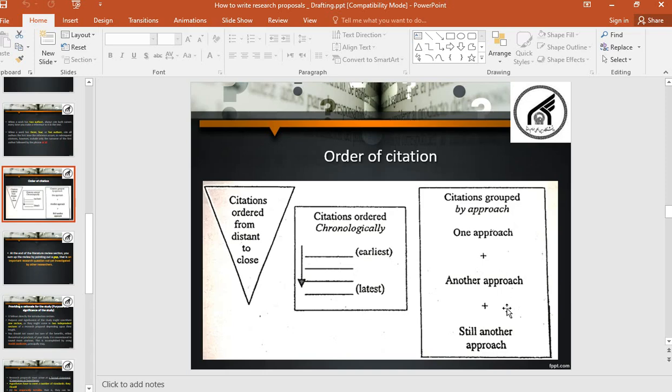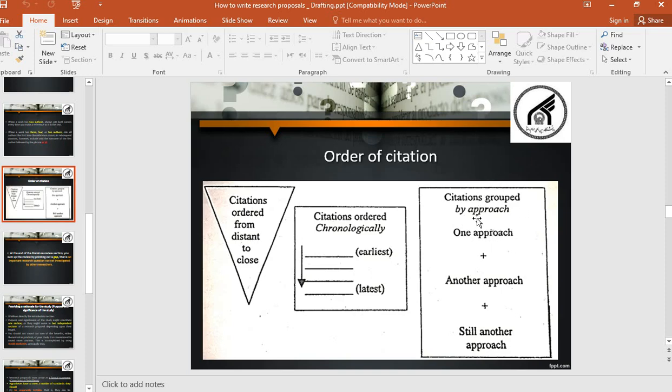But here we have another method which is called citation grouped by approach. One approach, another approach, and still another approach. So you cite the sources which are exactly related and based on a particular approach, regardless of the time those studies were done, regardless of their relatedness or unrelatedness.